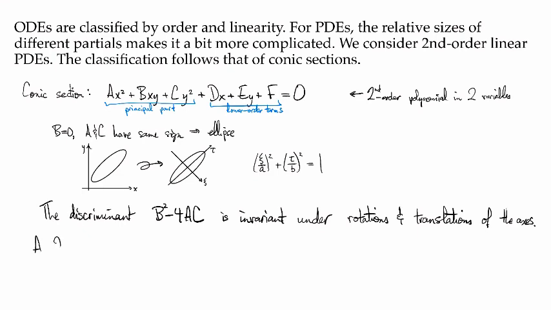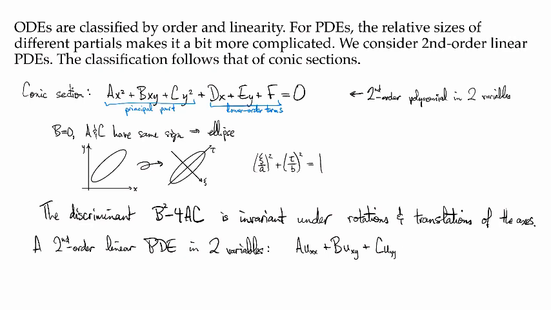So if we have a second order linear PDE in two variables, we can write it as A u_xx plus B u_xy plus C u_yy plus, and then we have our lower order terms, being set equal to 0.